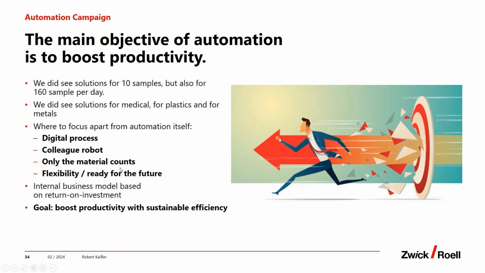And of course, we know if you're going to ask your boss for an investment into a robotic system, your internal business model is always based on return on investment. And the goal is, again, on your side, to boost productivity with sustainable efficiency. That's the target.